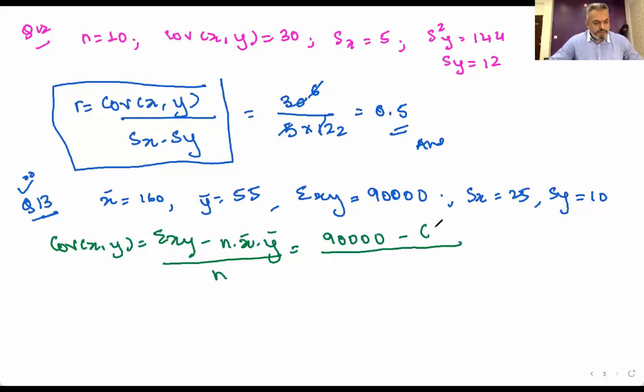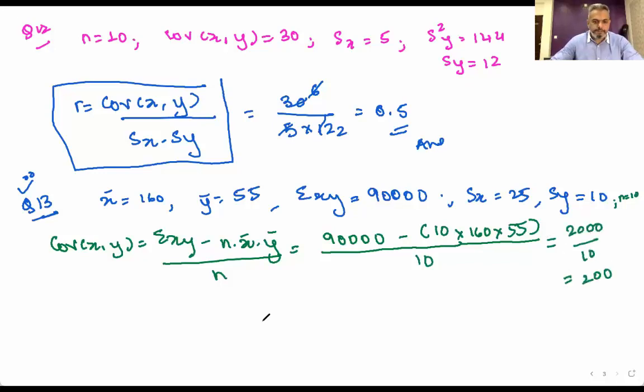Information is given regarding a sample of 10 students, so n is equal to 10. You must mention it over here. N is equal to 10, into 160 into 55, upon 10. So 90,000 minus 10 into 160 into 55 gives 2,000 upon 10, which is equal to 200.